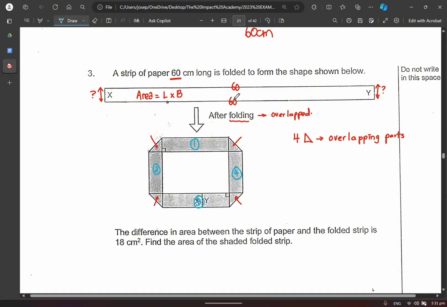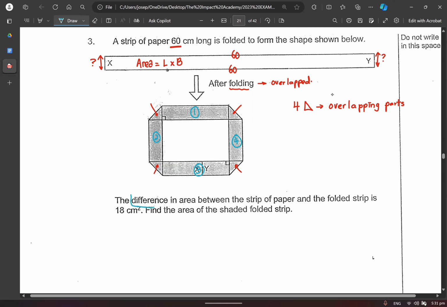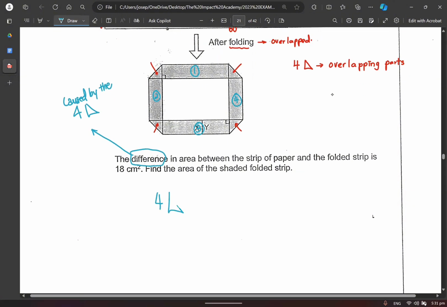That is the reason why there is a difference. The difference is caused by the 4 triangles, which is equal to 18 centimeters square.